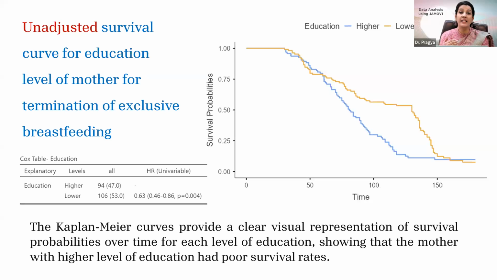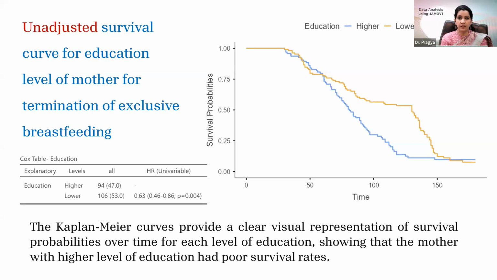It should be variable. The term variate is used in the context of the dependent variable. So in this case it is univariable because there is only a single variable, which is education.